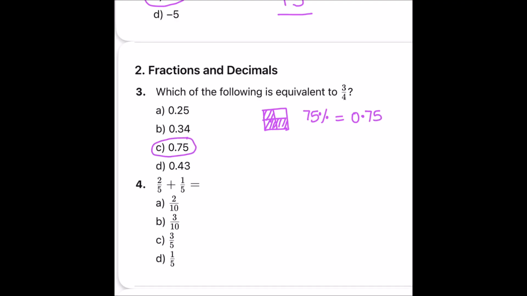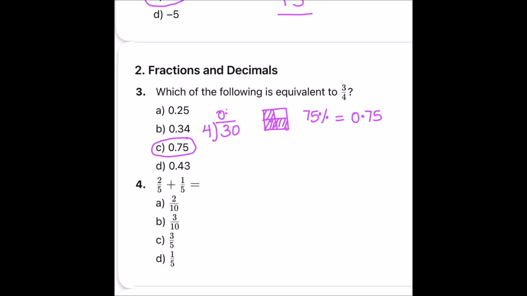There's another way of solving this, which is to just divide the two numbers. If we divide 3 by 4, 3 is not divisible by 4. 3 is smaller than 4, so we'll add a 0 and then add a decimal point, which will make it 30.